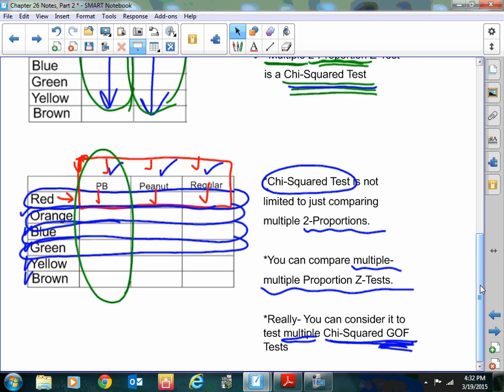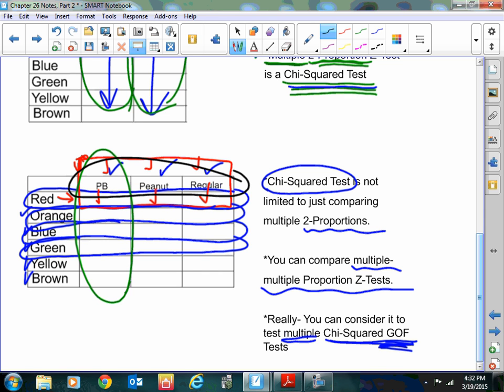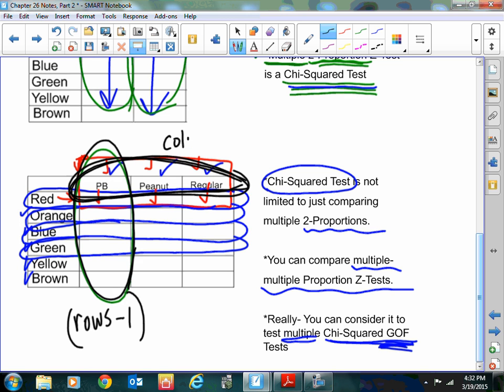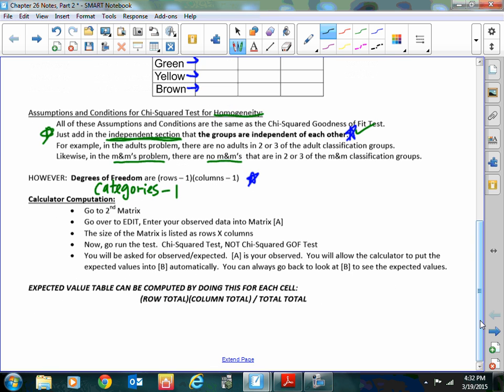We also have multiple of those. Therefore, our degrees of freedom are not only categories minus 1, or rows minus 1, they are also how many columns we have minus 1, and you multiply those two numbers together. So our degrees of freedom when we are having multiple things is rows minus 1 times columns minus 1. And there you have it.